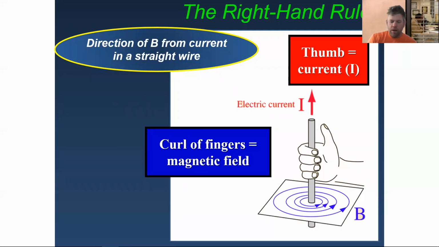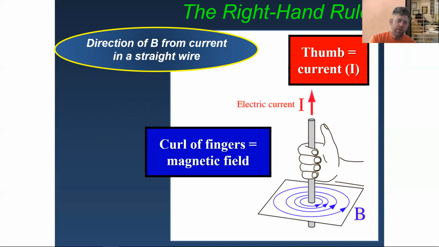Okay. And what ends up happening is that the magnetic field is going to be really, really strong close to that wire. If you remember gravity and how gravity works with us, the further away we get, the less gravitational pull we have. Same thing with this magnetic field.